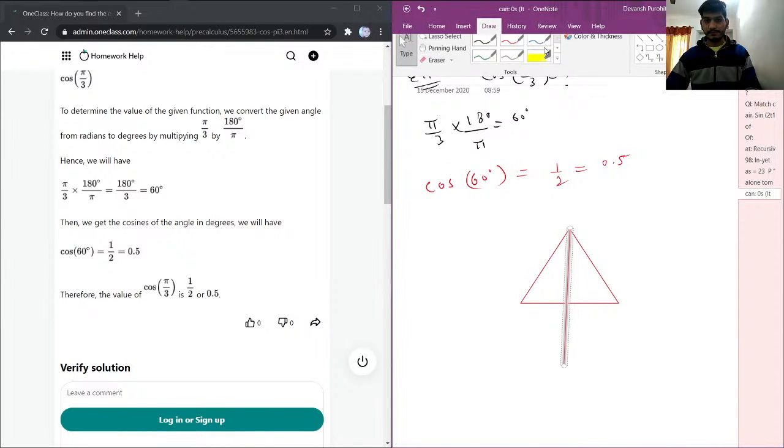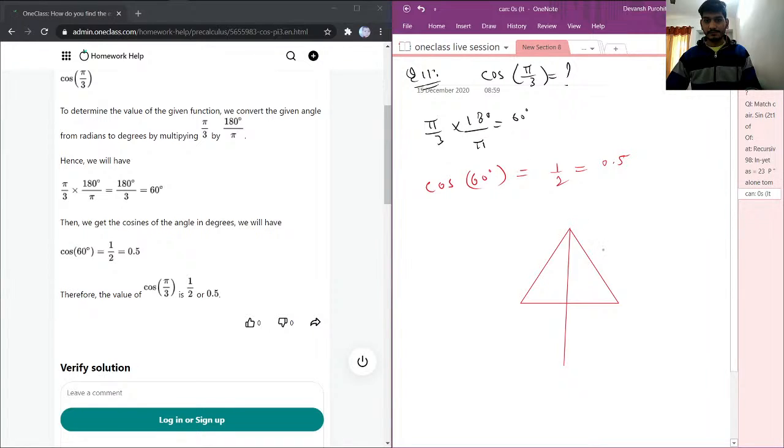For an equilateral triangle, we have equal sides. Now for equilateral triangle, we have the property that if we draw a bisector, or if we draw perpendicular from one edge to the other side, then that perpendicular bisects the other side.